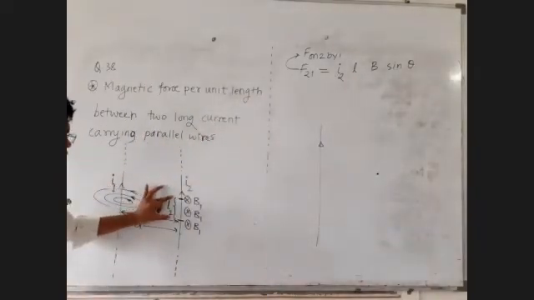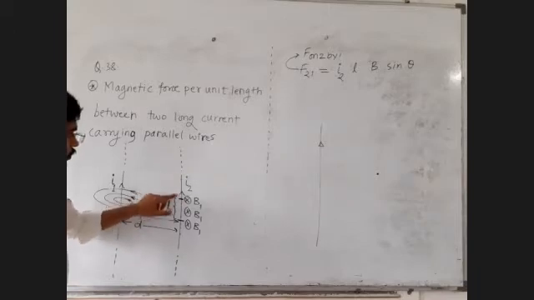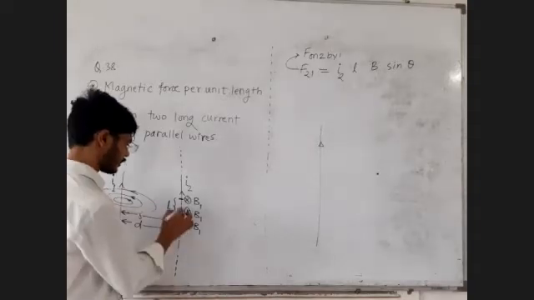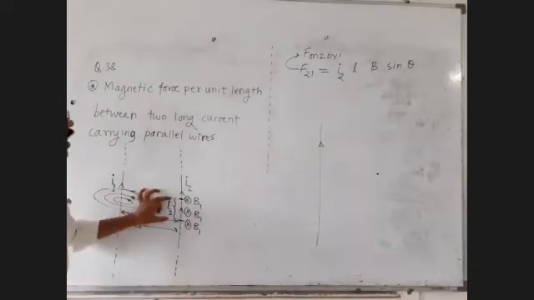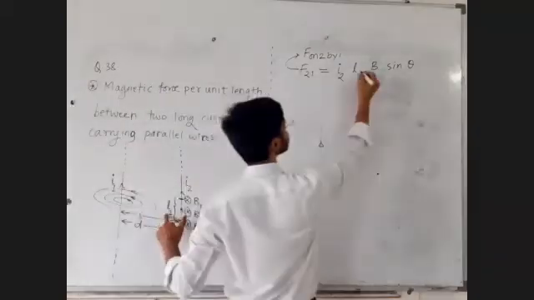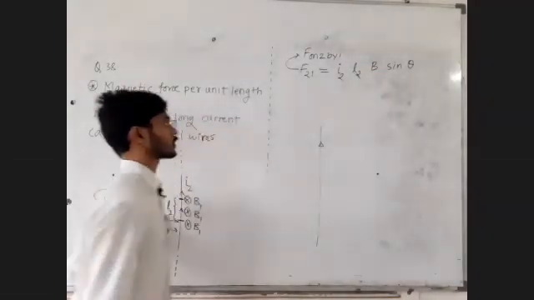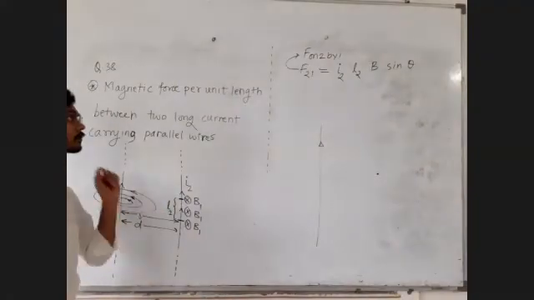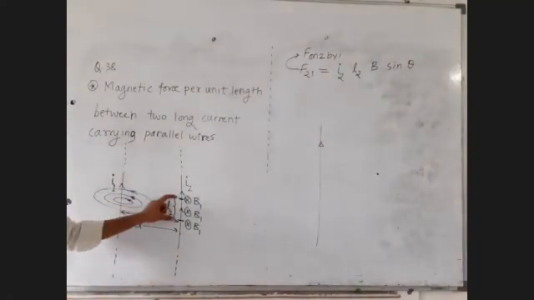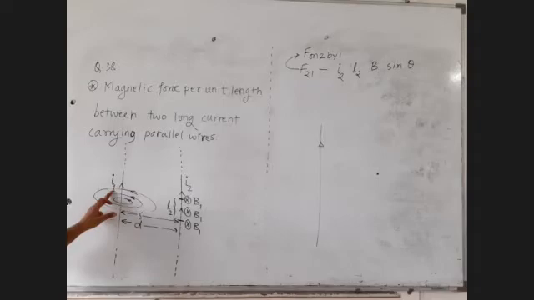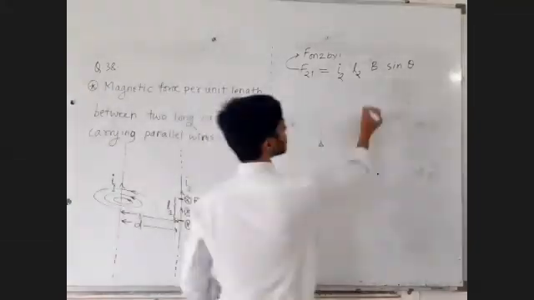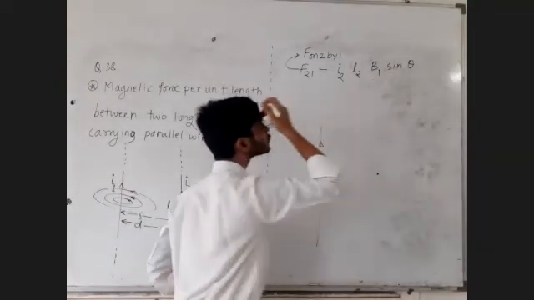Second wire is a current carrying conductor, so its current is I2. L is the length of the current carrying conductor, so that will be equal to L2, because the current carrying conductor is the second wire, and it is placed in the magnetic field of first wire, so that will be equal to B1.